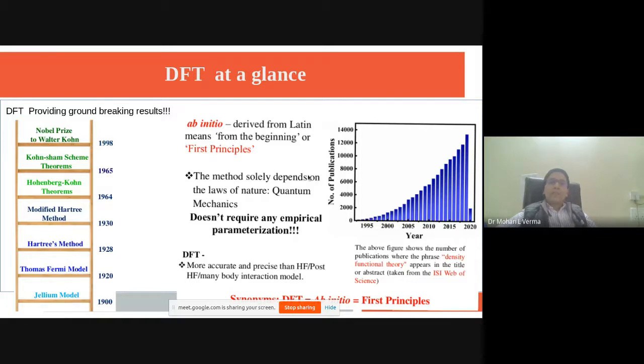This is also known as ab initio, which is actually a Latin term. What it means is from the beginning, so we start from zero, and it is also known as the first principles approach. The method solely depends on the laws of nature, that is quantum mechanics. And one good thing is it does not require any empirical parameters.